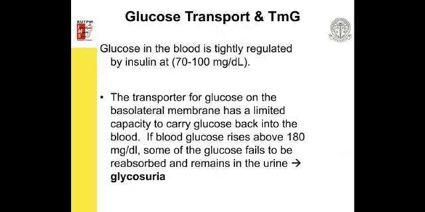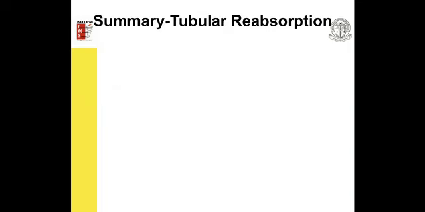Glucose in the blood is tightly regulated by insulin to around 70 to 100 mg per deciliter. The GLUT transport of glucose at the basolateral membrane has a limited capacity to carry glucose back into the blood. If blood glucose rises above 180, some of the glucose fails to get reabsorbed and remains in the urine, and this is called glycosuria.